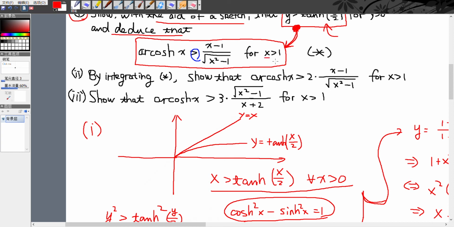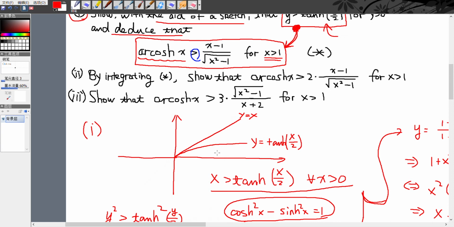The condition x bigger than 1 is actually very obvious, because for every arccosh x, you have to have x that is bigger than 1. So all we want to do is just to integrate the star.